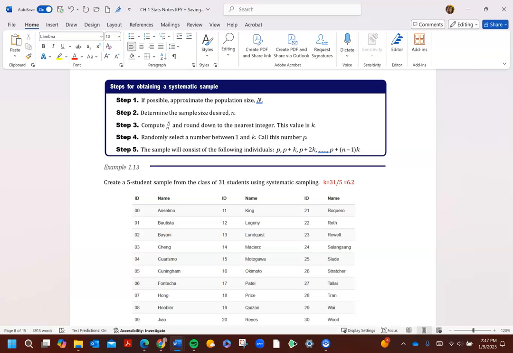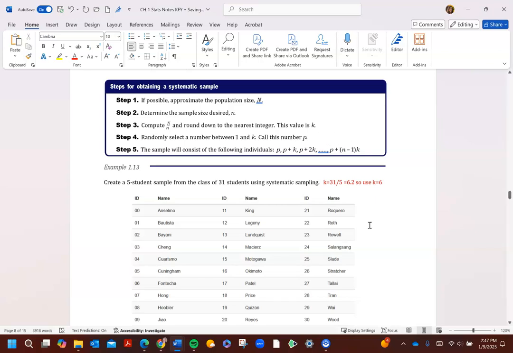Then we're going to round down to 6. So we're going to do the value for every kth person, or I guess it's people.